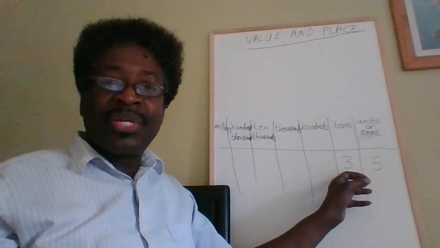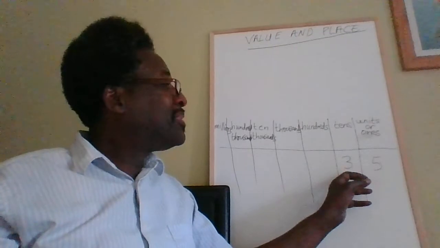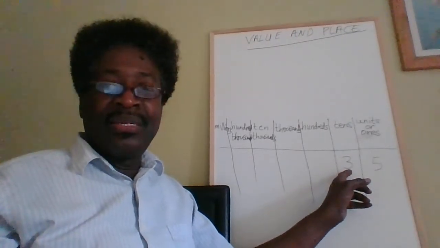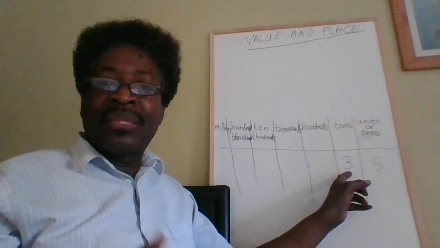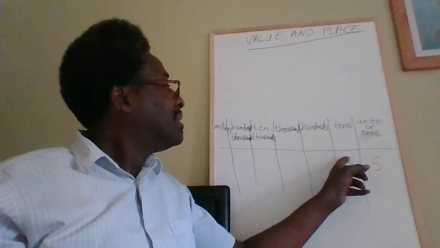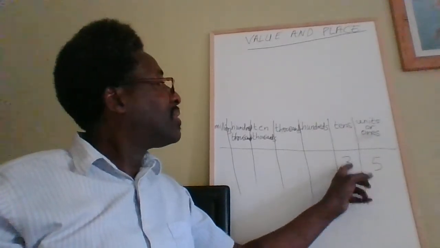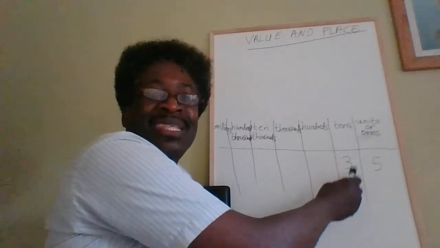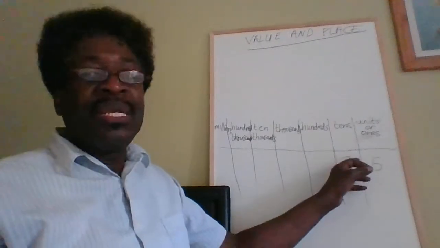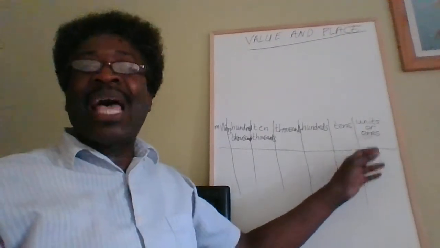This digit of 3, or this figure of 3, represents 30. It represents 30 cars, 30 apples, 30 shirts. Because this digit of 3 is under the tens place value. This digit of 3 represents 3 tens, 3 lots of tens, 3 times 10.